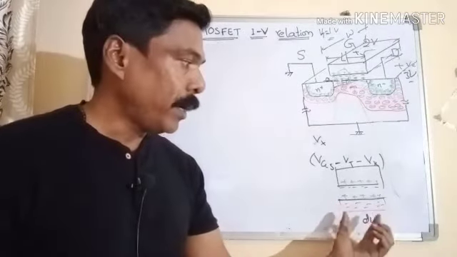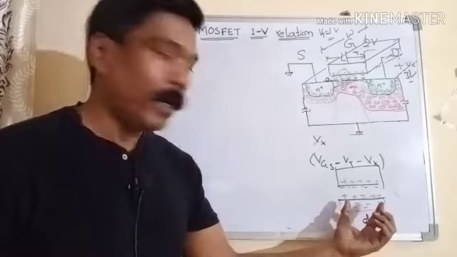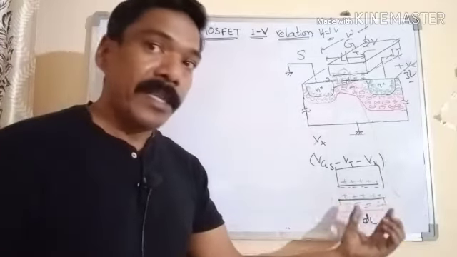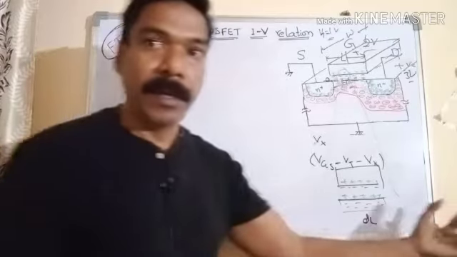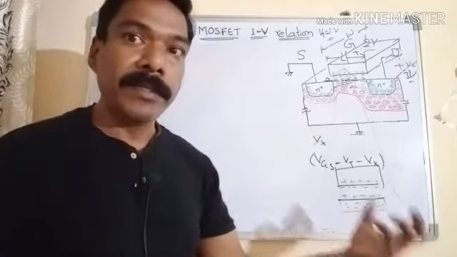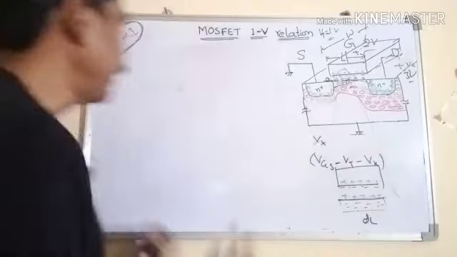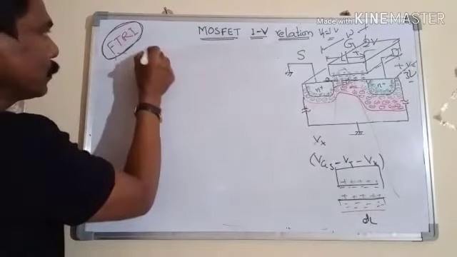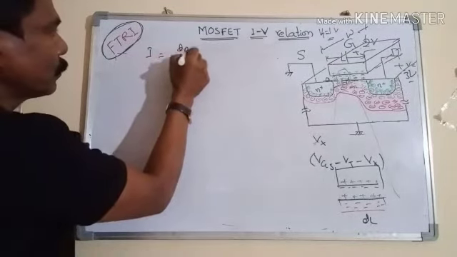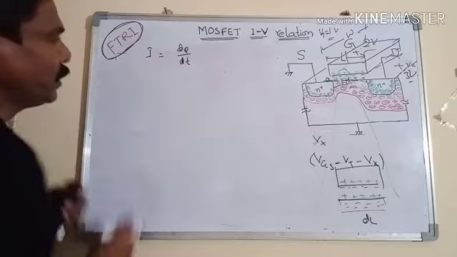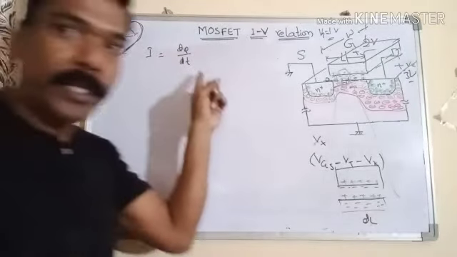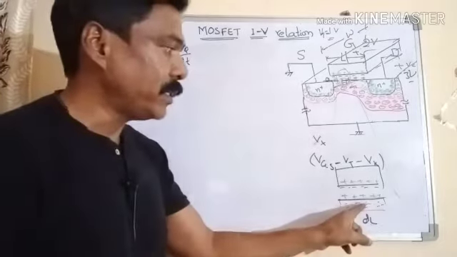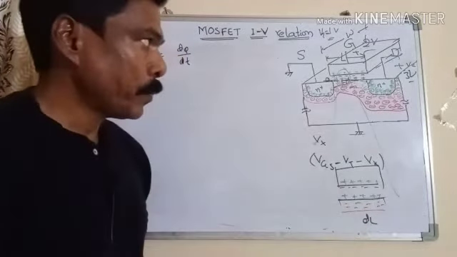If the elemental charge takes dt seconds to cross this length dl, then the current is dq by dt. Now we have to get the expression for dq, the total charge in this elemental channel.